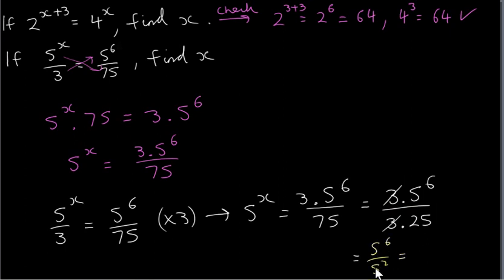Then I can use rules for division. When we divide two terms that have the same base, we just take the power on top and subtract the power underneath. So we get 5 to the power of 6 minus 2, which is 5 to the power of 4. So we see that 5 to the power of x equals 5 to the power of 4. So that means that x must equal 4. So for this one, x equals 4.